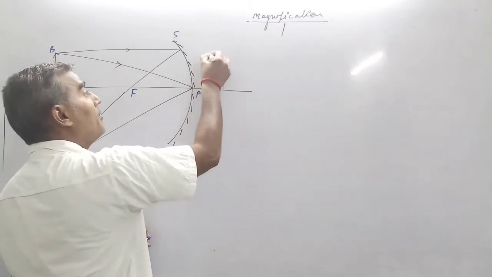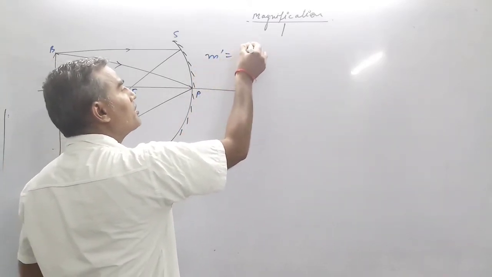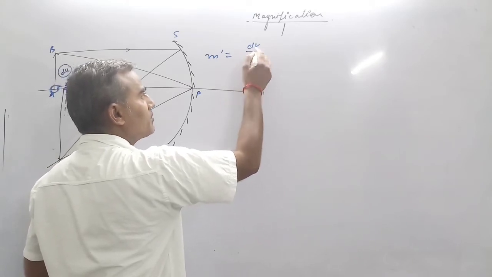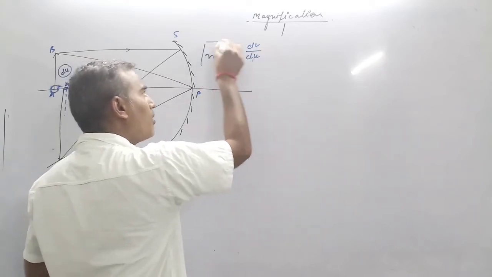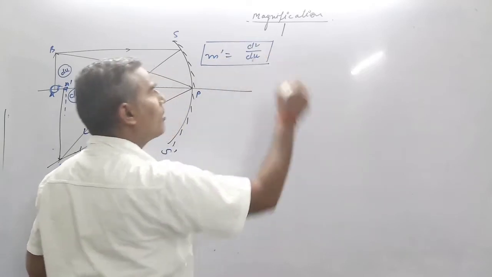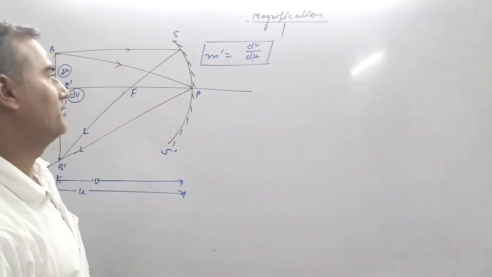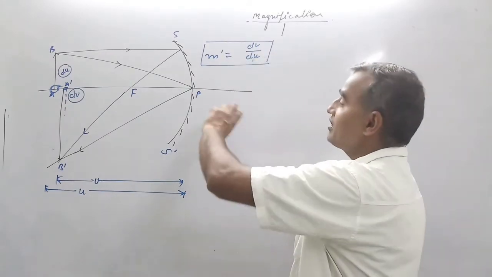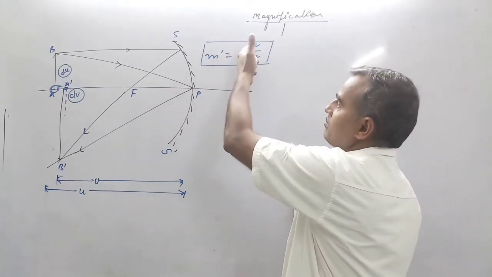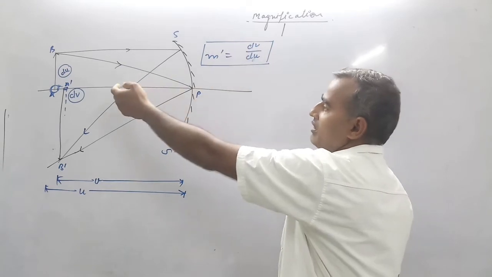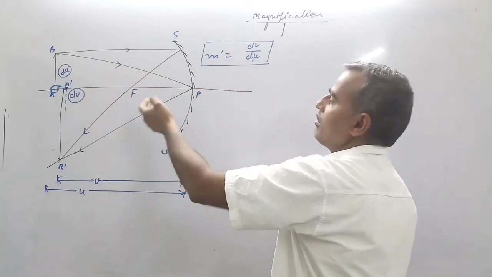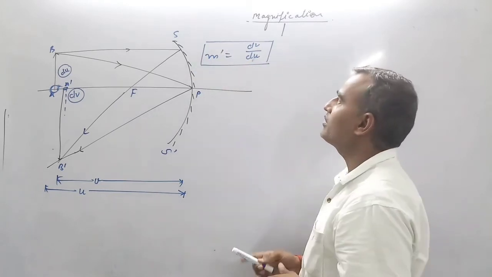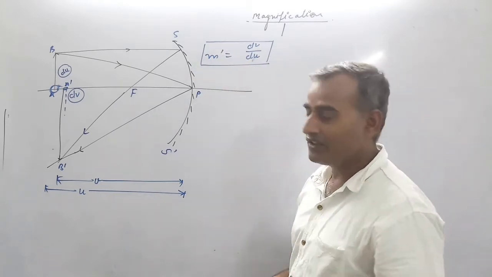Then m dash equal to dv by du is called axial or longitudinal magnification. It means the fractional change of the image extension with respect to the displacement of the object on the axis, m dash equal to dv by du, is known as axial magnification.